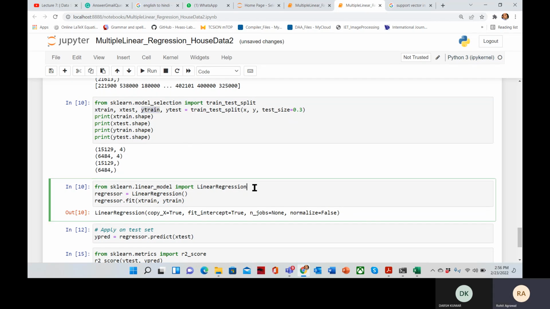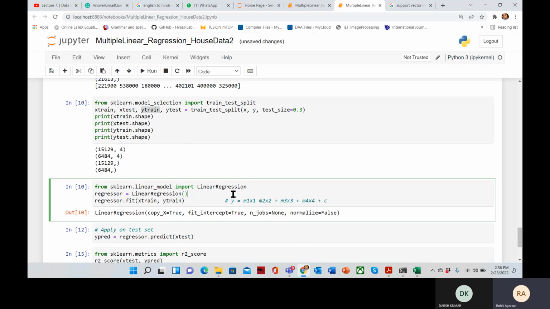If you remember, our goal was y equals mx plus c, but here we are having 4 features. So m1 x1, m2 x2, m3 x3 plus m4 x4 plus c. Our goal is this.